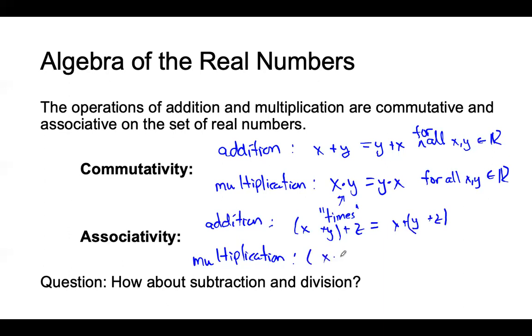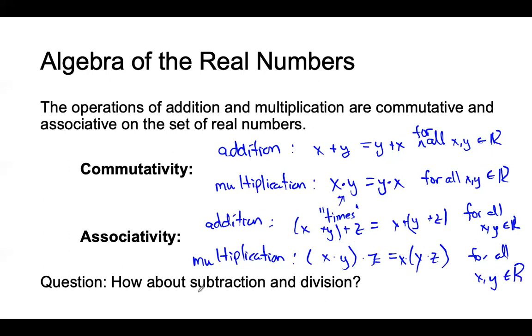And X times Y times Z is equal to X times Y times Z with the brackets placed the other way. So these properties all hold for all X and Y in R.